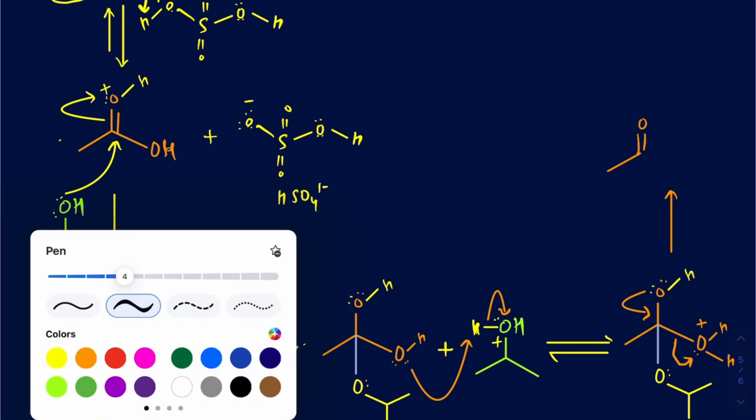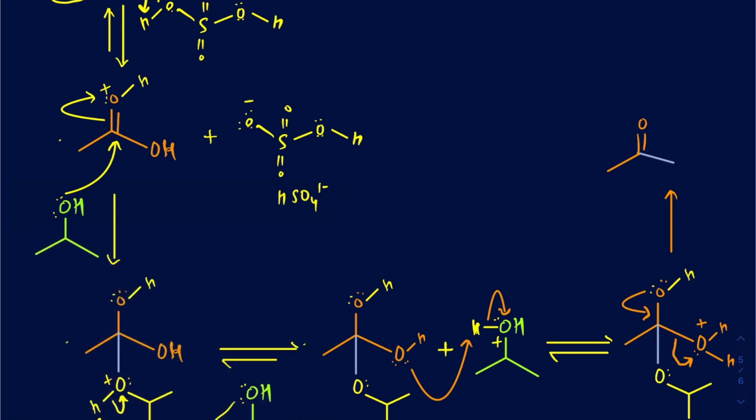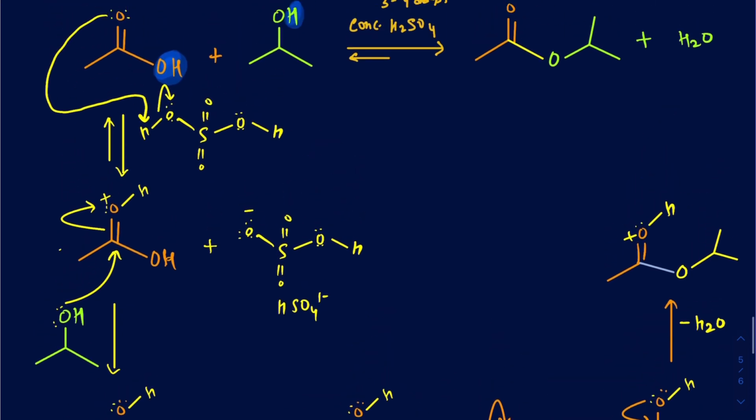And I'll keep the colors coordinated. So we have this bond right there, and you got the oxygen right here with an isopropyl group right there, and then still have this hydrogen intact right here. So that oxygen gets a positive charge, and obviously you have lost the water here. So that water was actually one of the products that you have seen in the overall reaction. So that's how you make the water here.